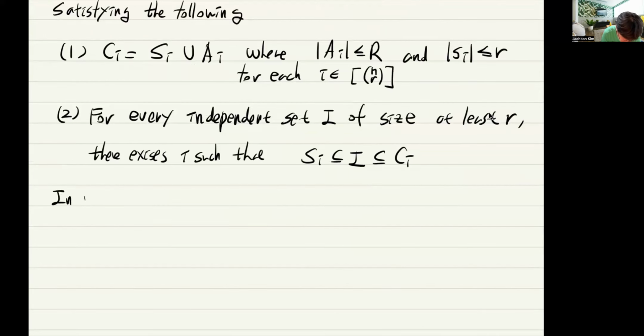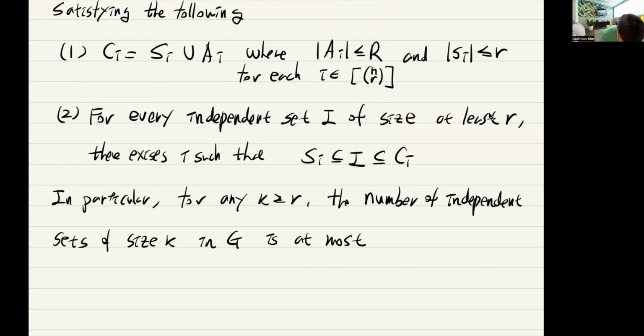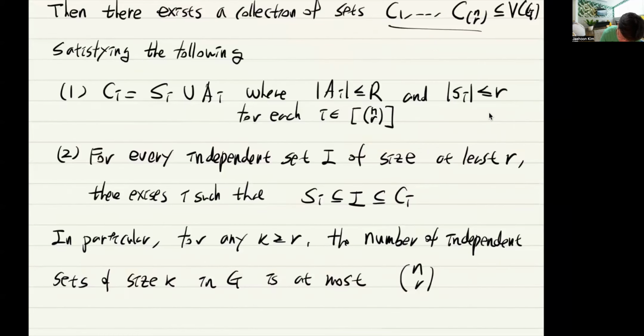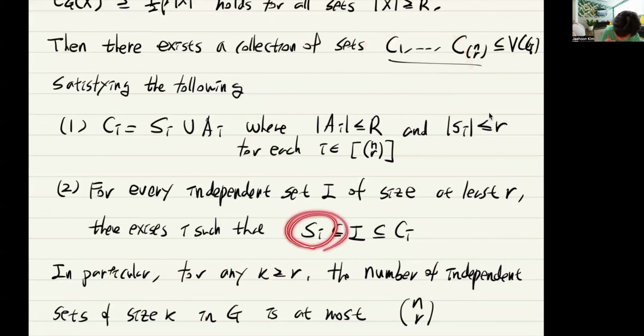In particular, for any k at least R, the number of independent sets of size k in G is at most what? There are n choose r many containers, and each of them has the specific Si.